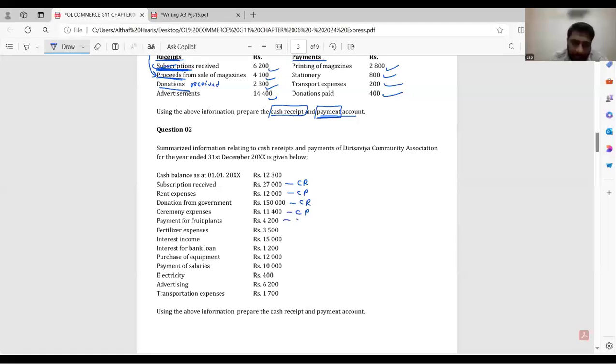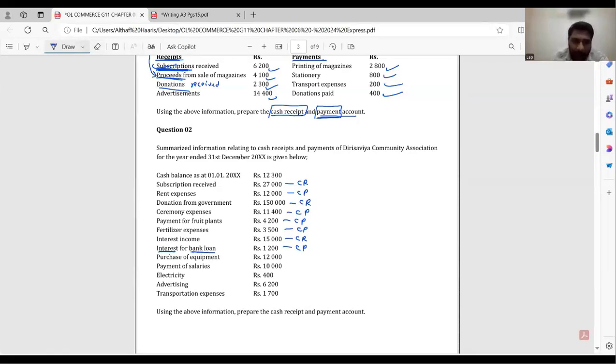Payment for fruit plants, cash payment. Fertilizers, cash payment. Interest income, cash receipt. Interest for bank loan, that means cash payment. You will pay interest for the loans.